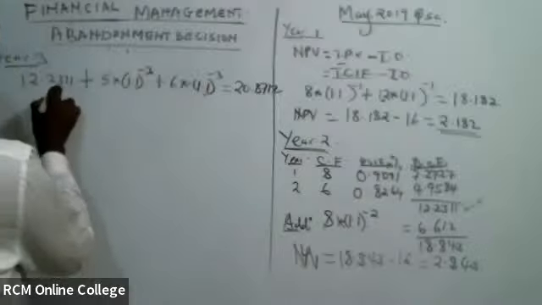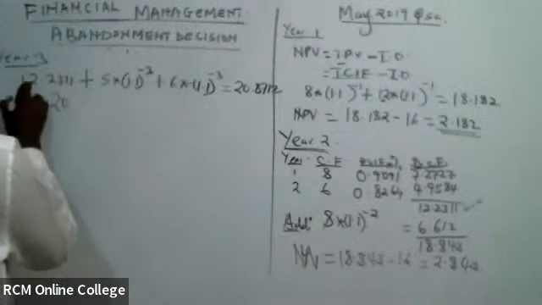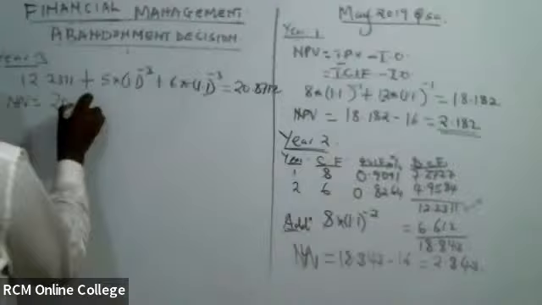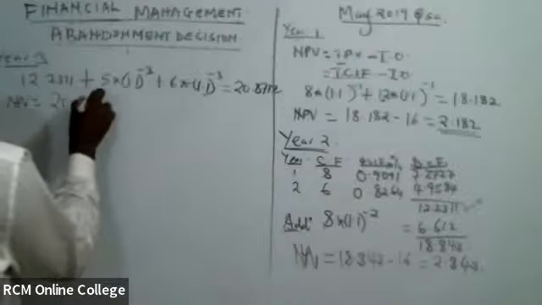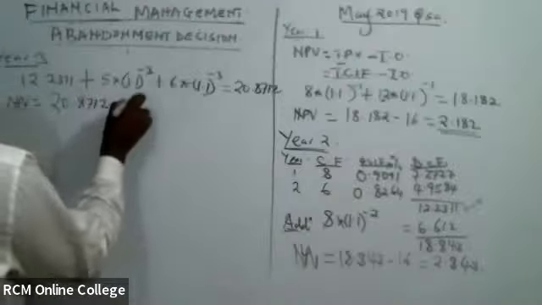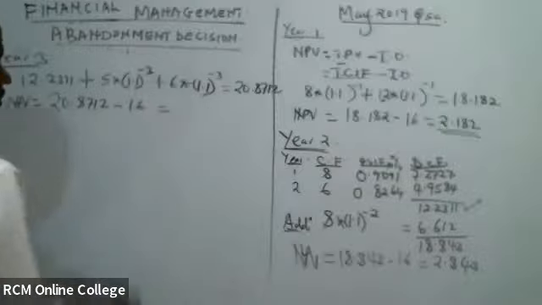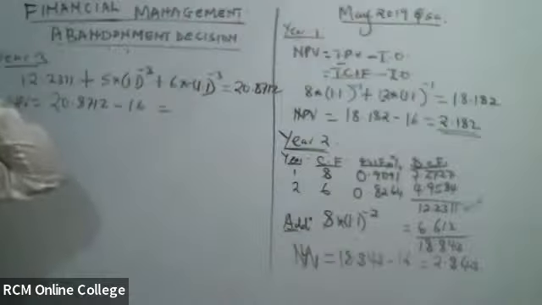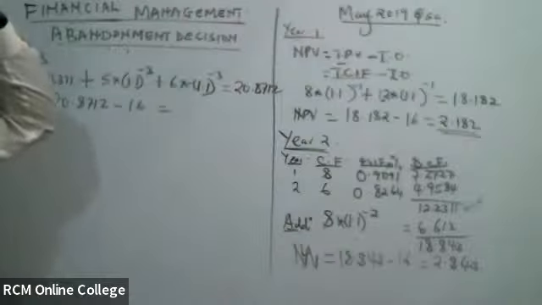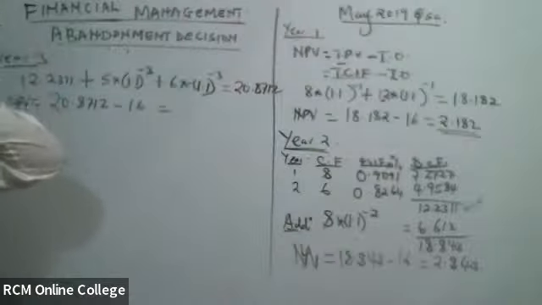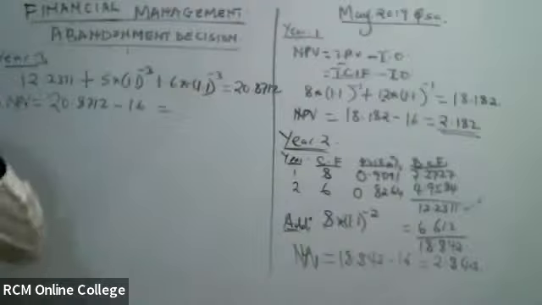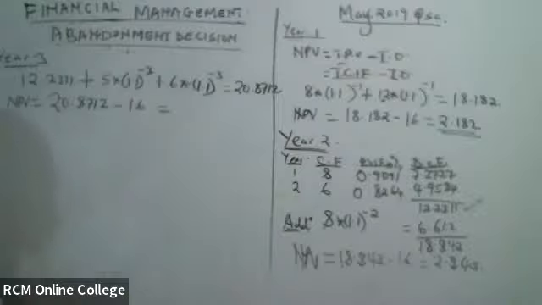20.8712. Then, to get the NPV at that point, we less 16. So how much do we have now as our NPV?